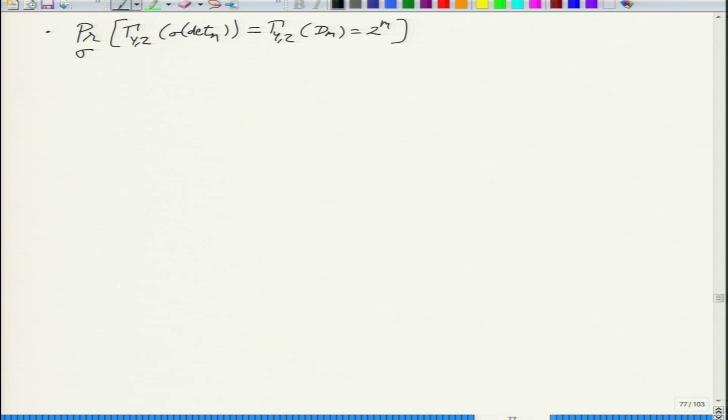Maybe to be sure, I should put an inequality here. I only care about this; I don't want them to be exactly equal. So the probability that the measure of the determinant after restriction is at least 2 raised to m, so that the picture holds, right?